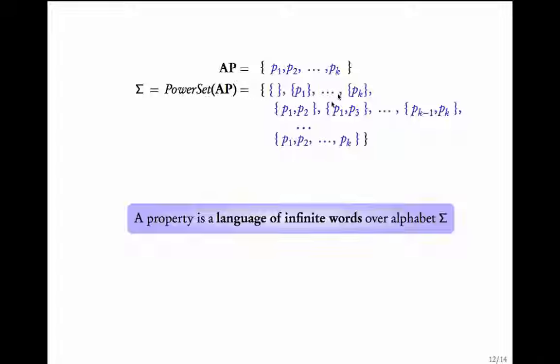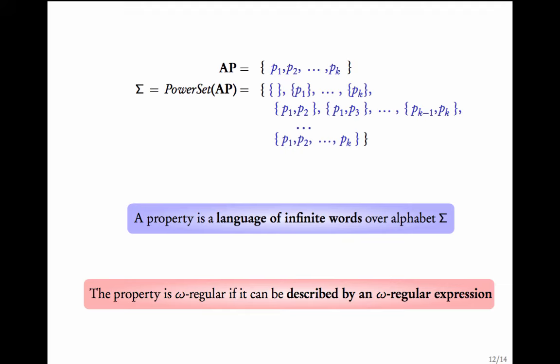So this is going to be the alphabet, and a property is a language of infinite words over this alphabet. And the property is said to be omega regular if it can be described by an omega regular expression. The property that you have in mind, if you can write an omega regular expression for that language, then you call that property an omega regular property.